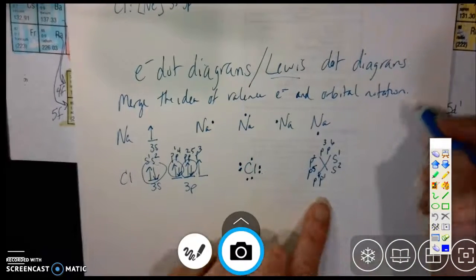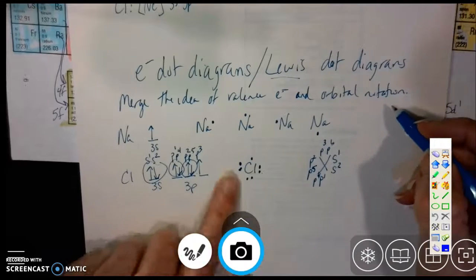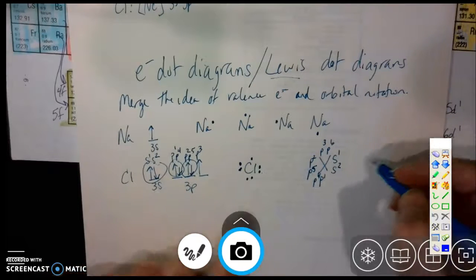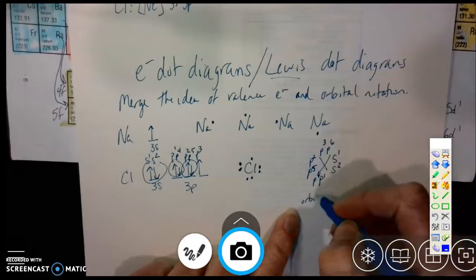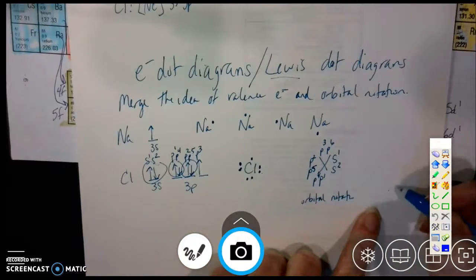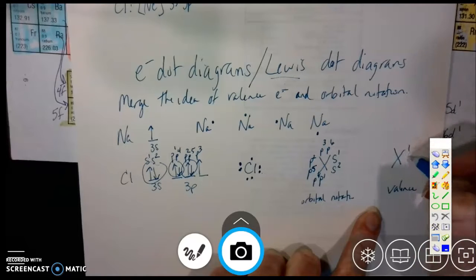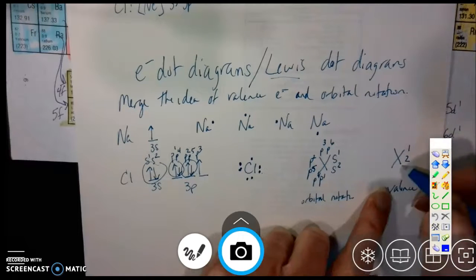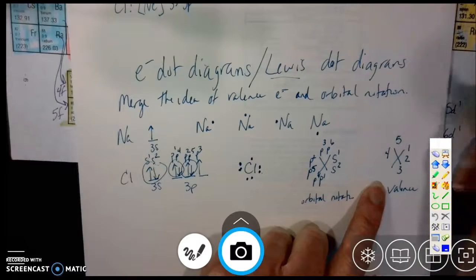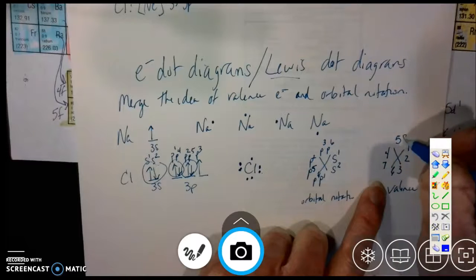If we want to look at it from just total valence electrons, we wouldn't say we have 2s and 5p, we would just say 7. So this is from orbital notation, and this is going to be from valence electrons. So if I'm saying that there's 7, my first 2 go together as a pair, my third one's going to go here, my fourth one here, my fifth one here, sixth one down here, seventh one here, and eighth one here.